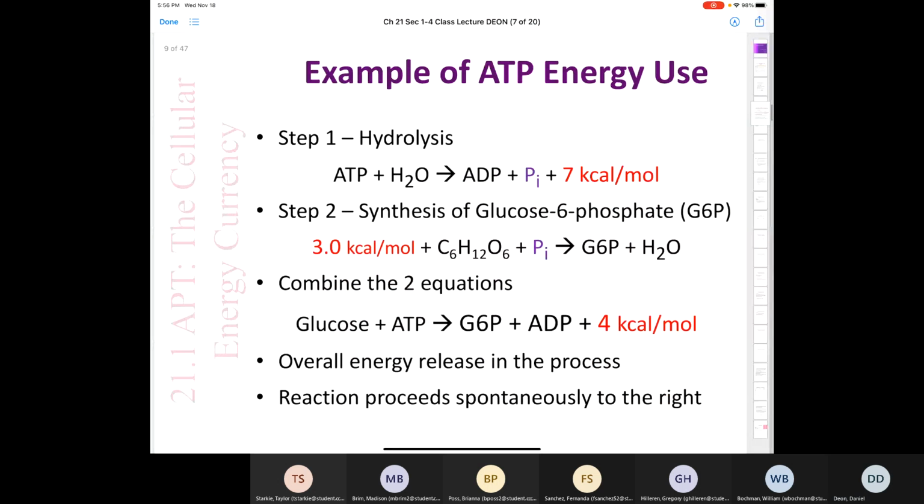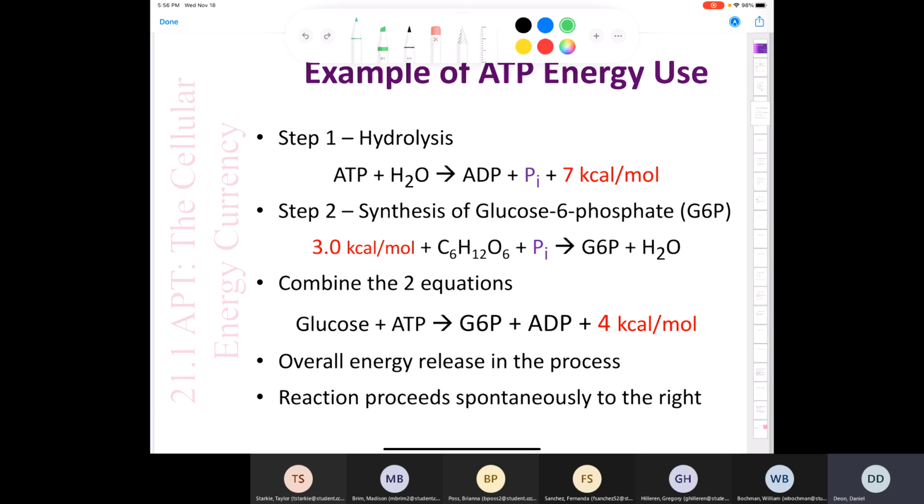But actually, we can break this down into a two-step process, really. Because first what happens is that the ATP, that high-energy phosphoanhydride bond, gets hydrolyzed by water. What's hydrolysis? Hydro, water, lysis is breaking. So water reacts with the ATP, produces ADP, and then it says here P subscript i.